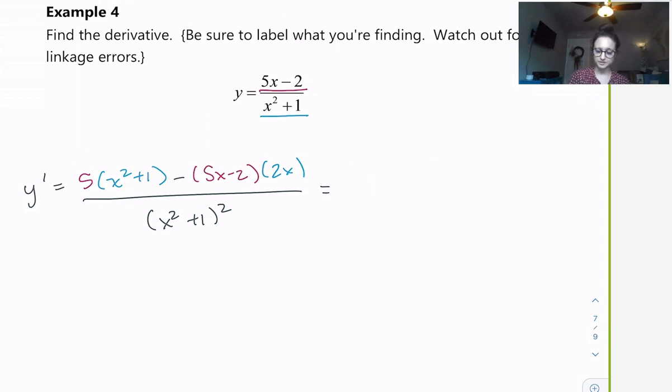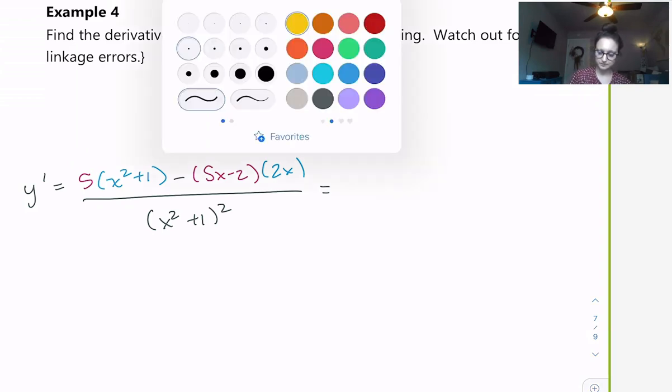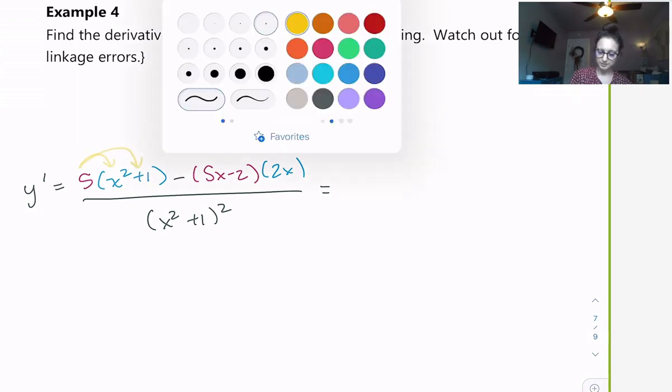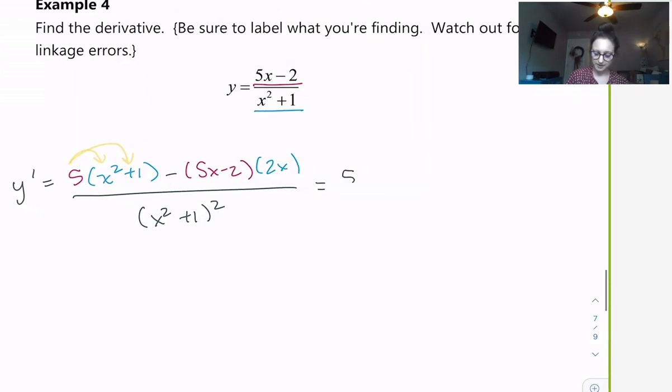So if I distribute here, I am going to get 5x squared plus 5. Now be really careful with that second part because you have a negative being distributed from this side and the 2x from that side. So think of it as distributing a negative 2x.